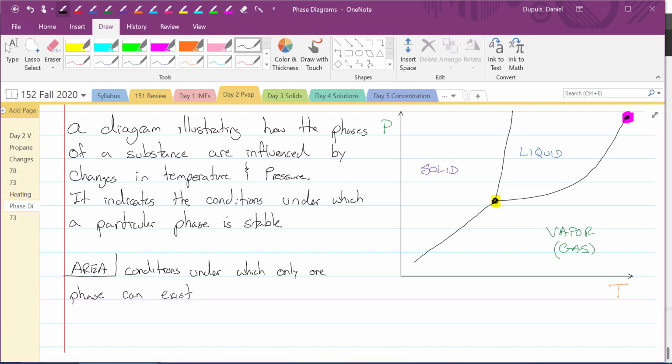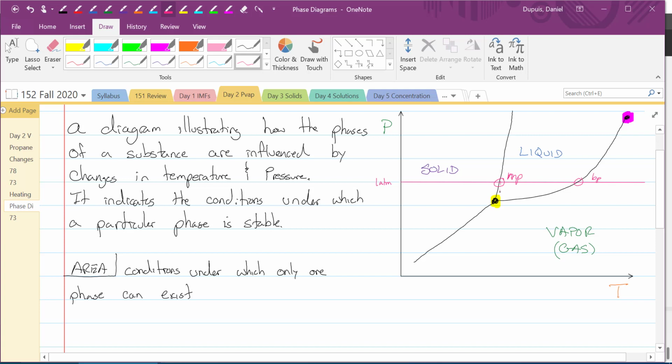Okay, if I have a line, let's draw a pink line here. Let's just say that is 1 atmosphere. That would be your normal melting point and our normal boiling point, right?